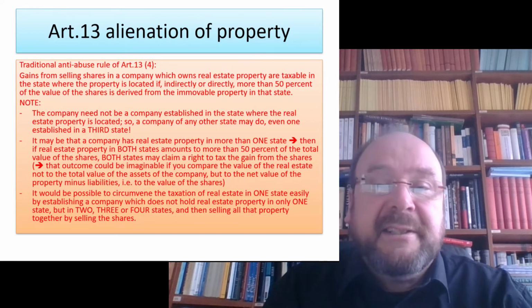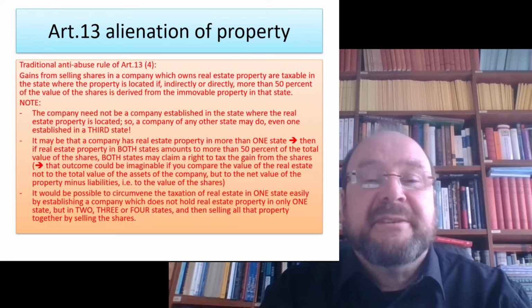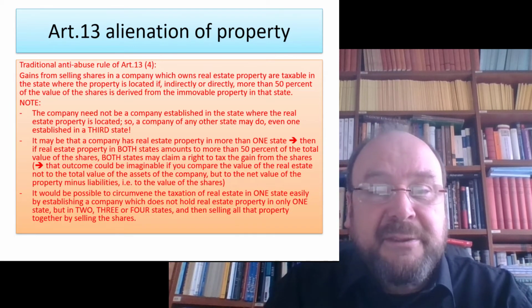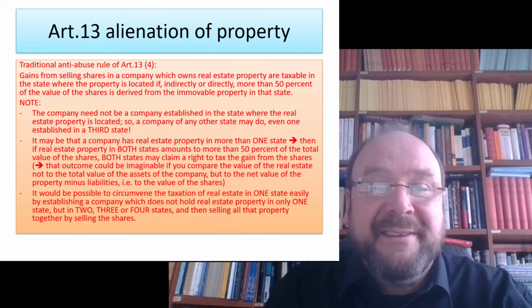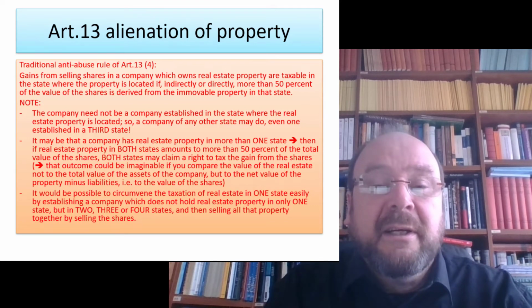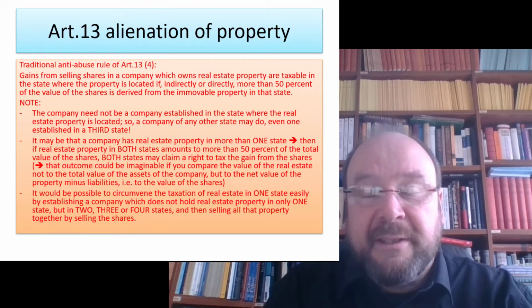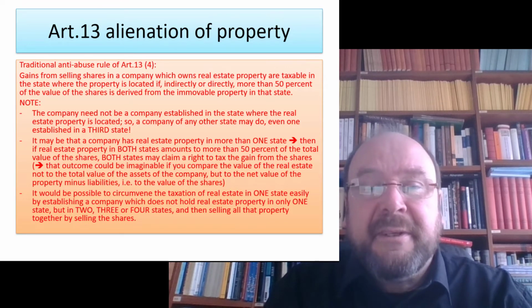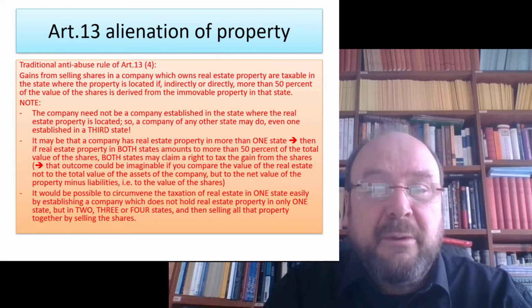The idea is, if still more than 50% of the value of the company is represented by that house or building or piece of land, then this is still potentially a circumvention of Article 13.1, and so we give the right to tax the shares to the country where the immovable property is located.